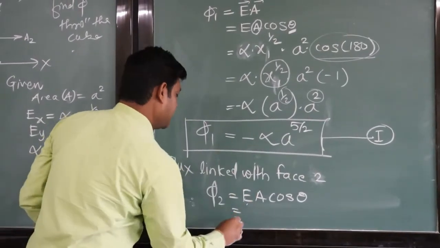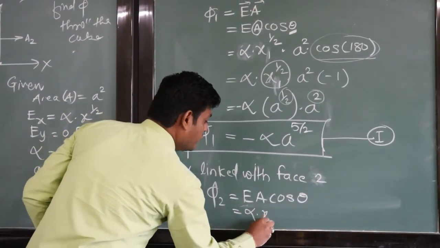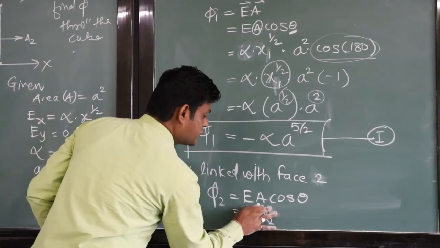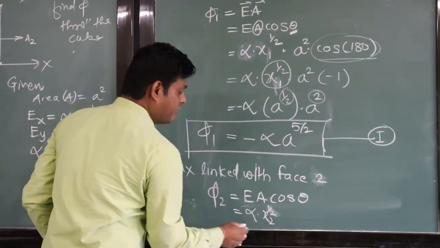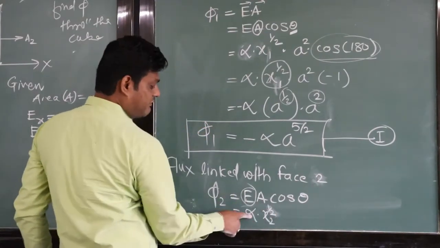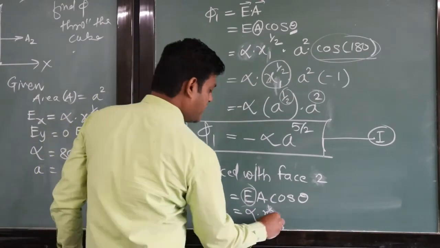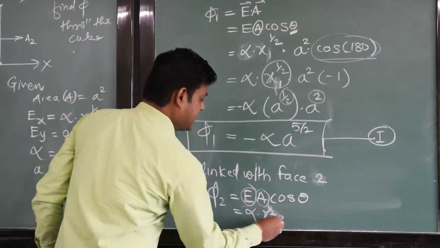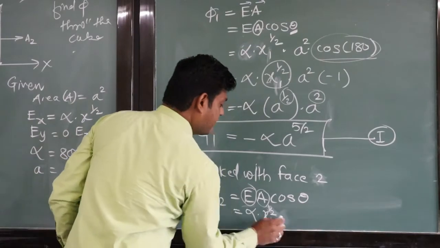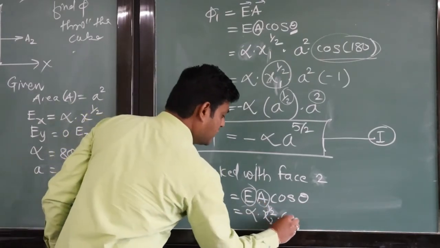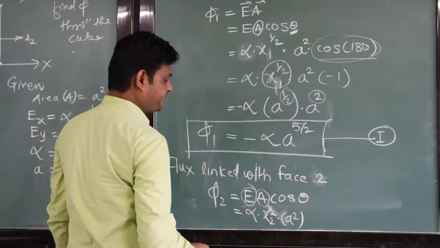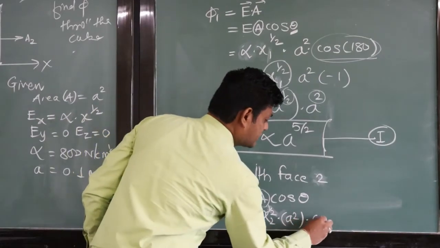What is E? That we will write alpha into x2 raised to half. The value of E is given, right? Alpha into x2 raised to half. What is A? That is, what is the value of A? Means area. Area equal to what? That is a square into cos.